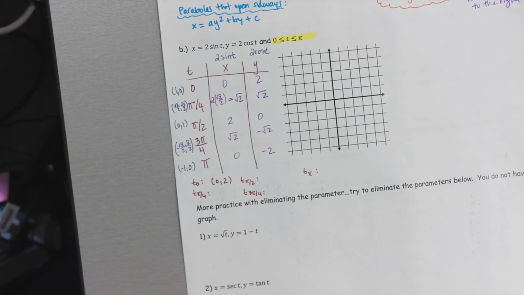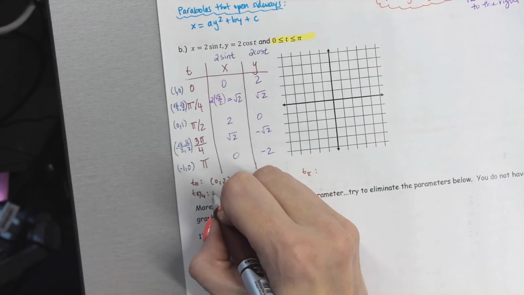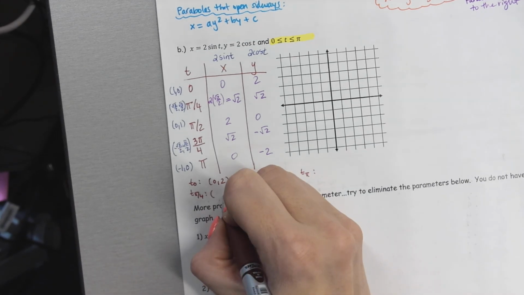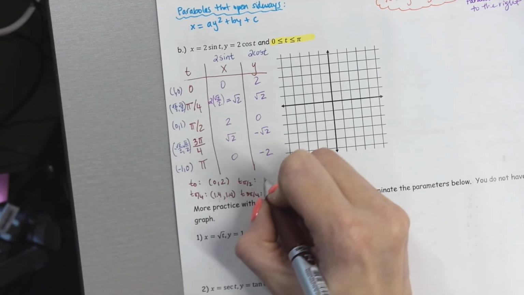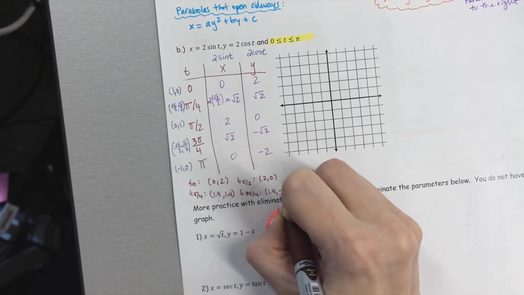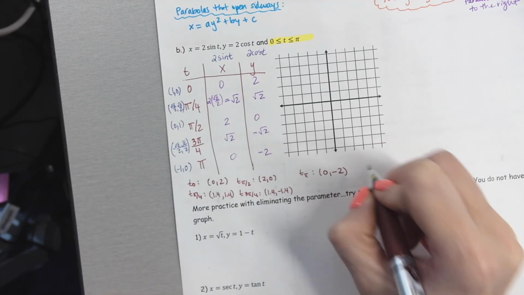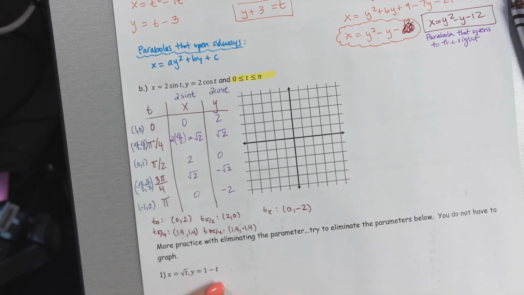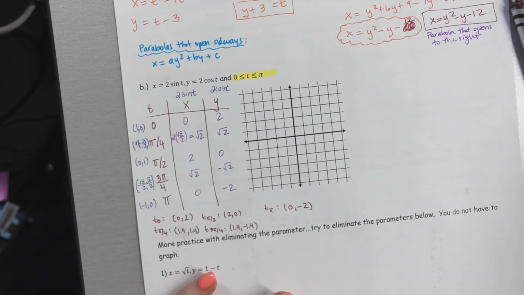Okay, so you have 0, 2, and then it's a lot easier to graph root 2 as a decimal. So, Emily, will you let me know what that's going to be? Yep, so 1.4, 1.4, 2, 0, 1.4, negative 1.4, and then 0, negative 2. Okay, so let's go ahead and I'm going to scale mine by a half since I have these 1.4s here.